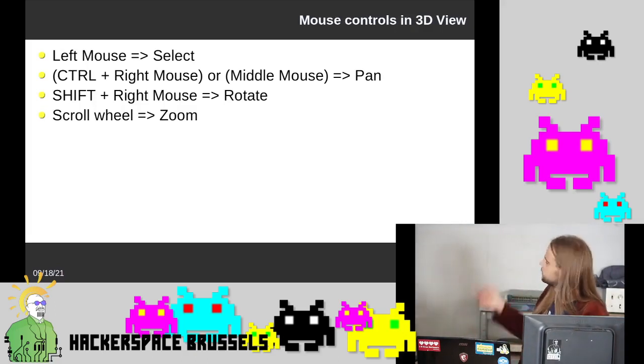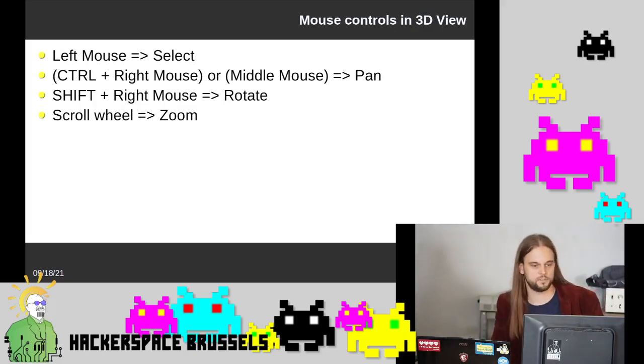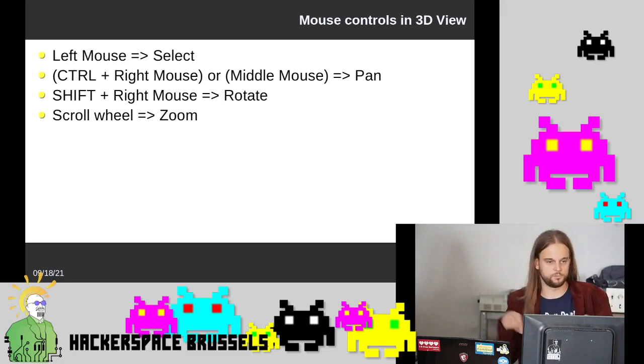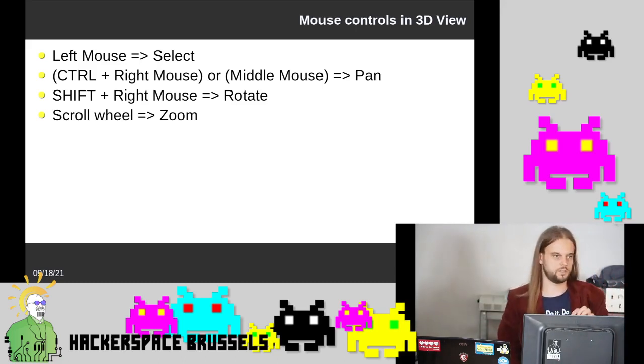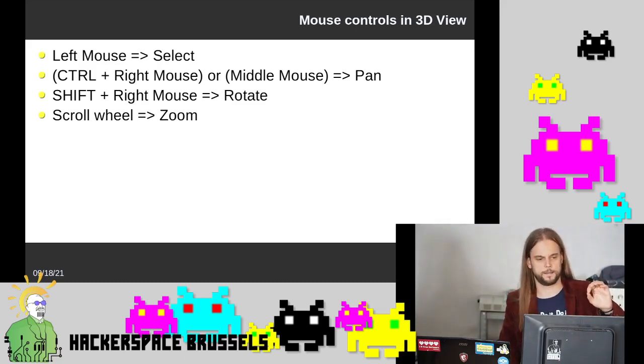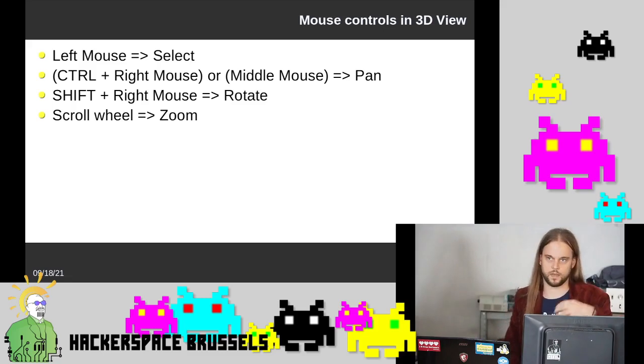Probably going to forget this, but I can always come back if necessary. These are what I think are the most important mouse controls within the 3D view. If you click on an object like a side or a vertex, you select it, and I'll show you in a minute what exactly that does.